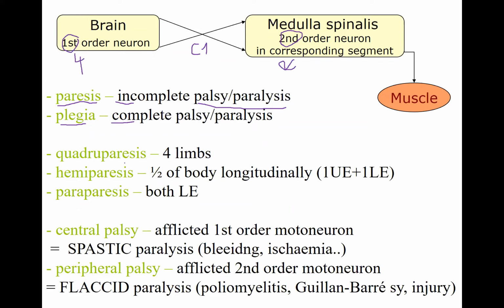If we have problems at the level above C5, we have all 4 limbs affected, so we have quadriparesis or quadriplegia. If we have problems only in the lower limbs, we call it paraplegia or paraparesis. And when we have problems on one side of the body, either left or right, so one upper limb and one lower limb, we call it hemiplegia or hemiparesis.